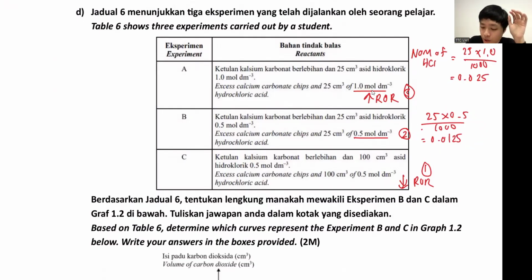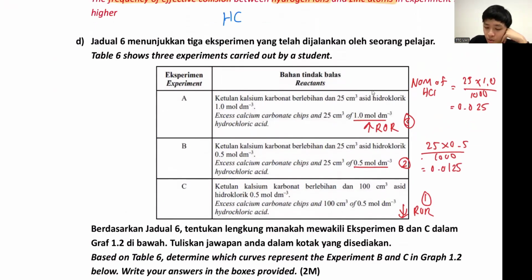Because if you look at the equation, 2HCl plus CaCO3 gives CaCl2, CO2, H2O. So the ratio between acid and carbon dioxide is 2 to 1.